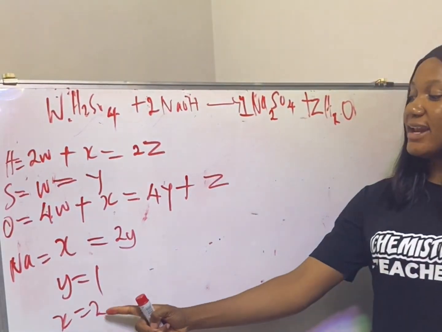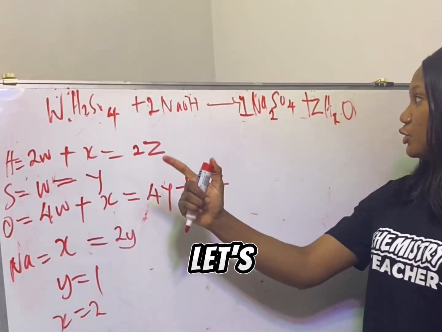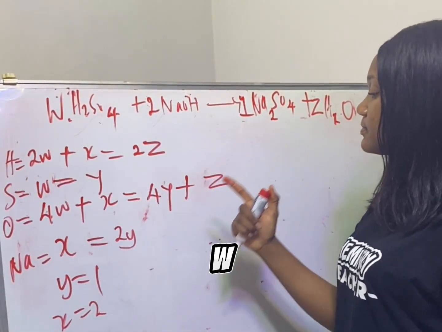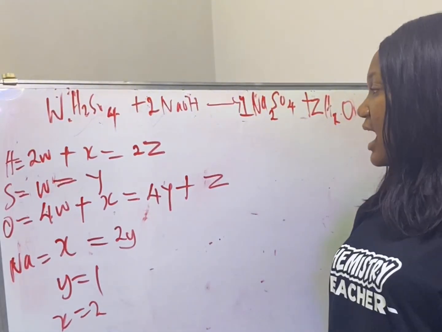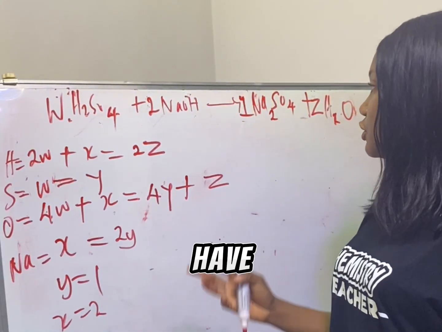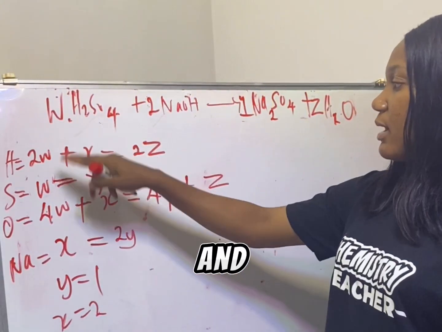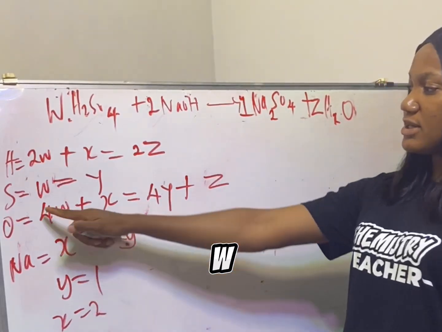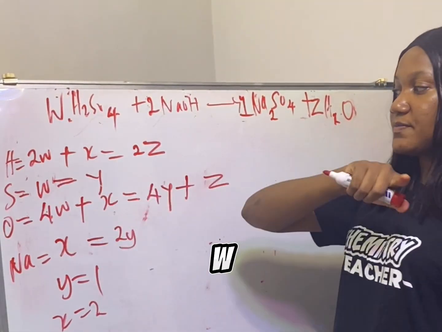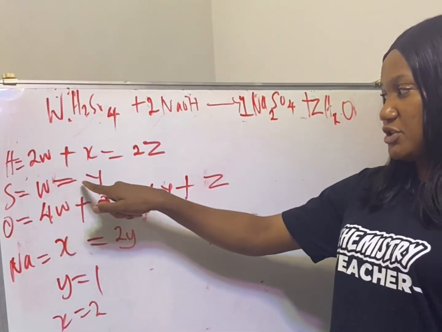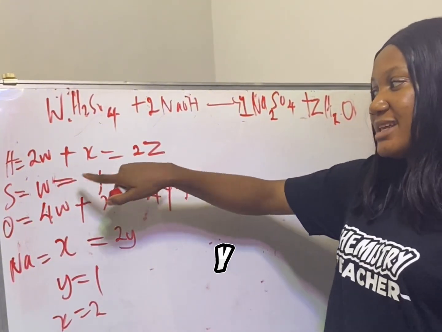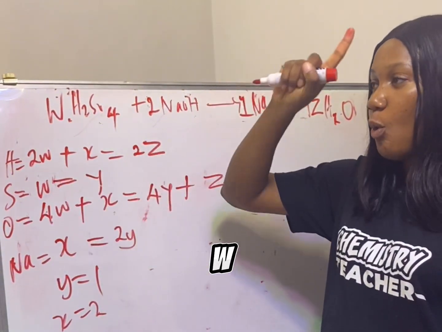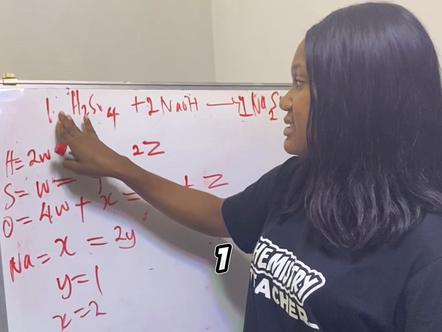So if I have Y and I have X, I just want to look for W and Z. So for my W, look at this, W is equal to Y. If W is equal to Y, Y is equal to 1, meaning that our W is also 1. I'm going to clean this and put 1.